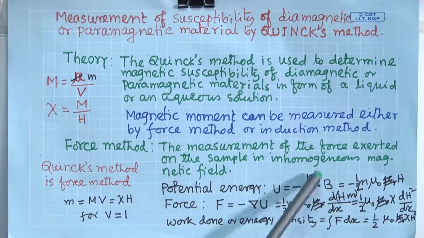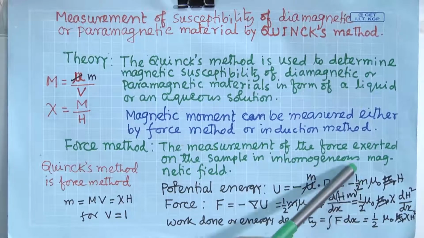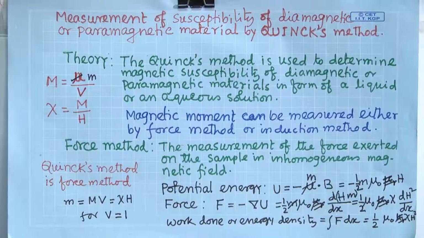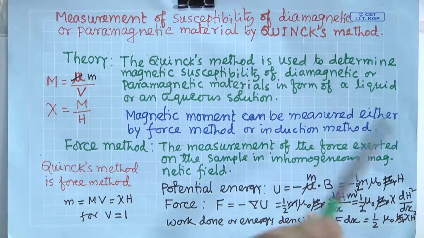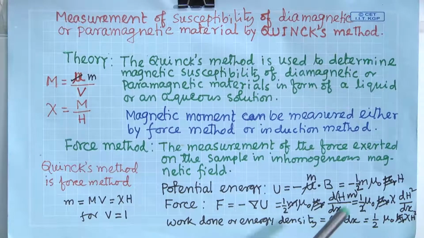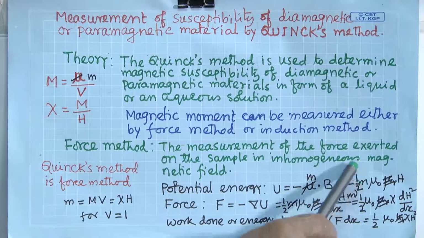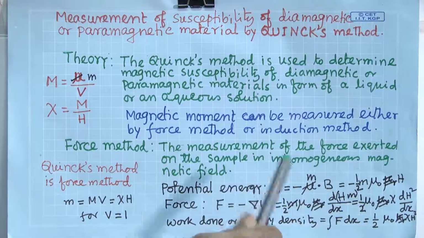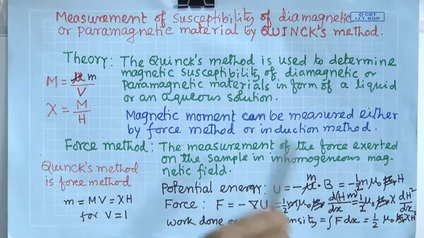That is why I have written this half term. This is basically minus m B, where B is mu 0 H, and mu 0 is the permeability in air. The half has come due to this average cos theta.